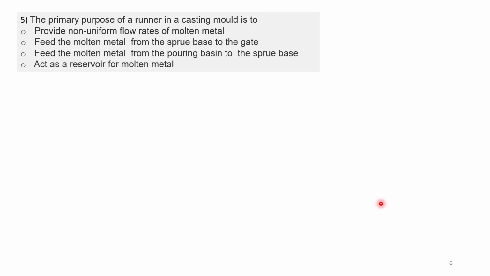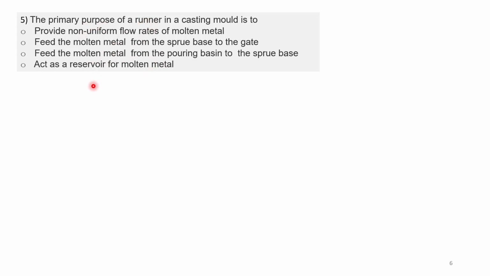Okay, so your options are: provide non-uniform flow rates of molten metal, feed the molten metal from the sprue base to the gate, feed the molten metal from the pouring basin to the sprue base, or act as a reservoir for the molten metal. So which one would be the answer?